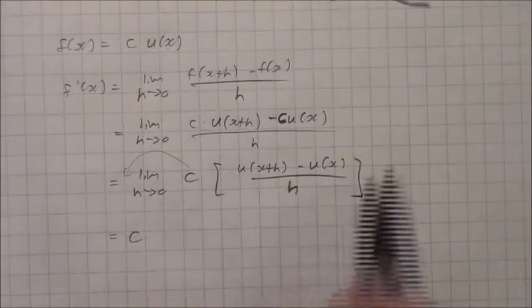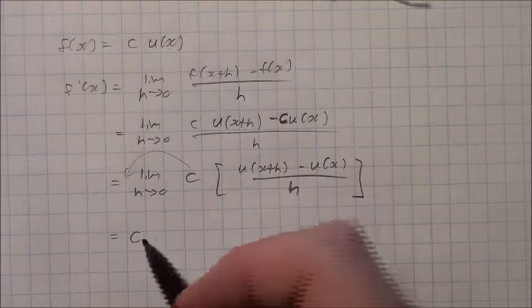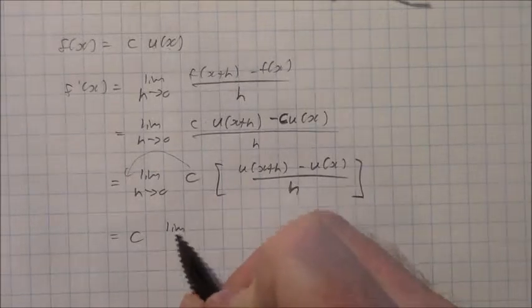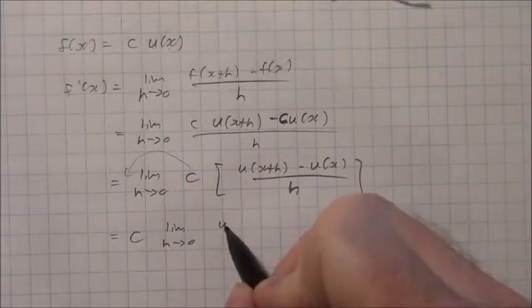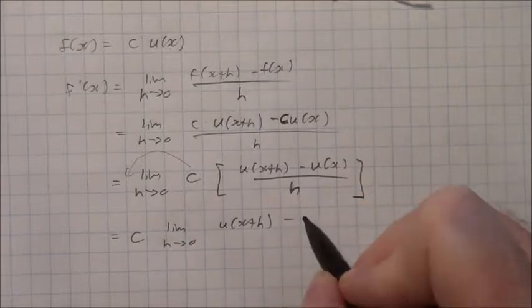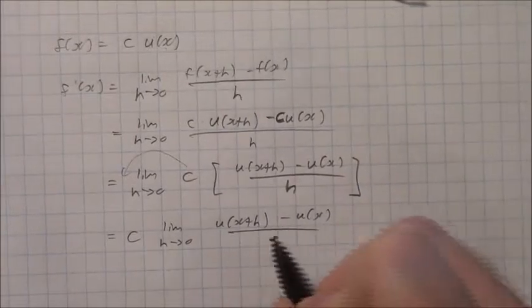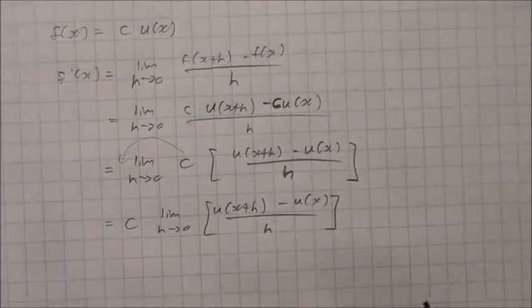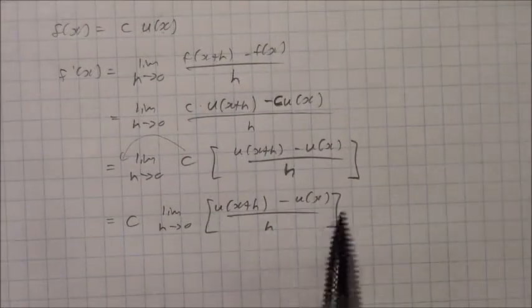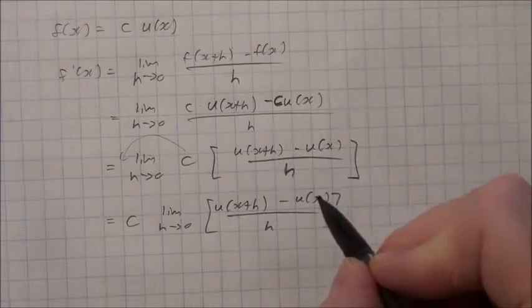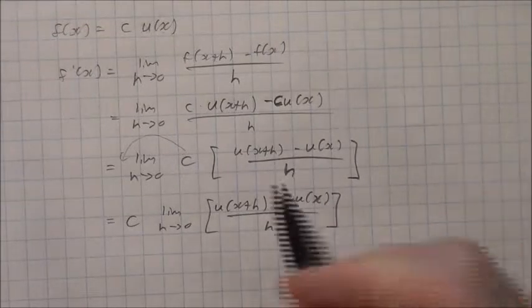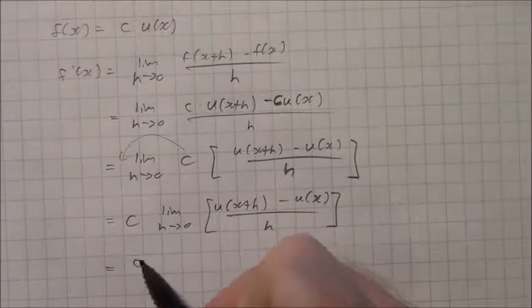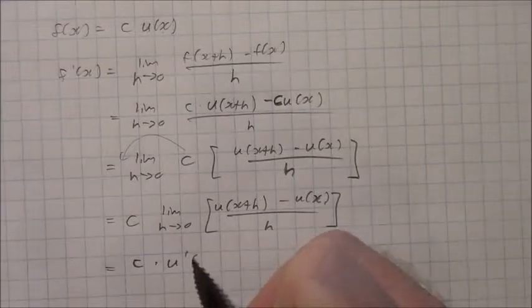So this limit definition of the derivative ends up being c times the limit of u of x plus h minus u of x all over h as h approaches 0. And, well, this is just the basic definition of the derivative. So then this just becomes c multiplied by u prime of x.